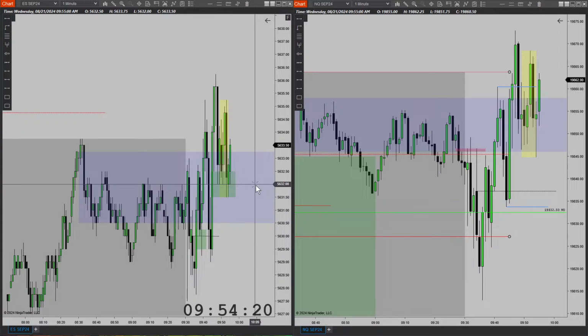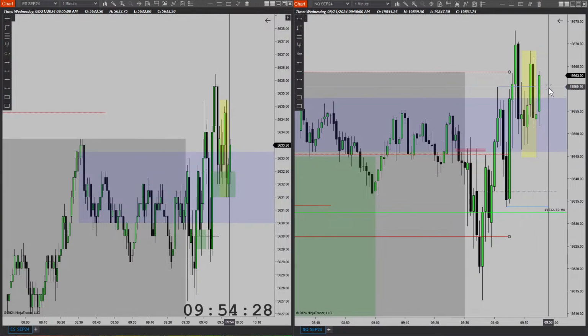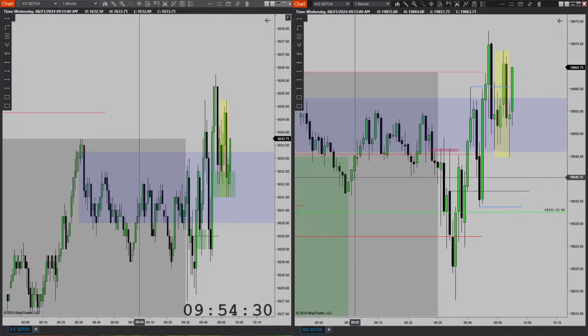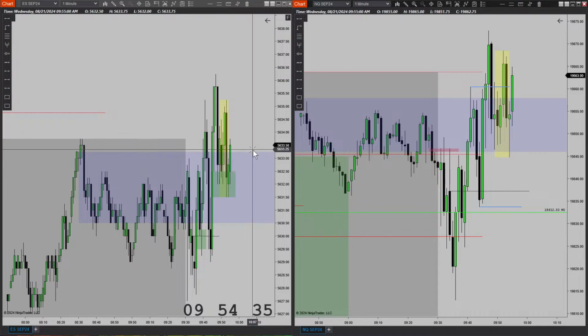Beautiful. I don't see anything other than, yep. I want price to immediately draw through that. We're not getting that just yet.